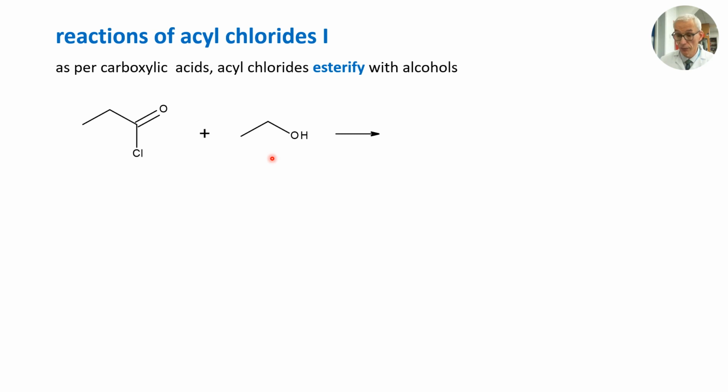Okay, so I'm assuming you're ready. We have our ester. These two carbons from the alcohol form the ethyl part of the ethyl propanoate.